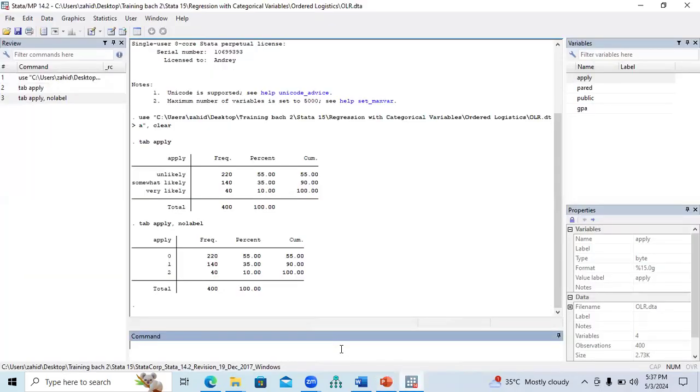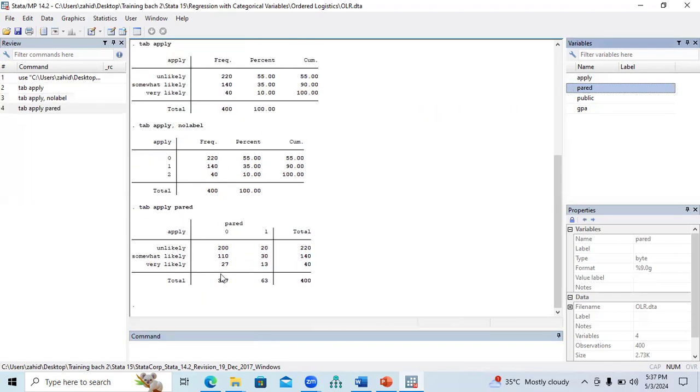So I can write here tab apply pared. Enter, and you will see the results like this.